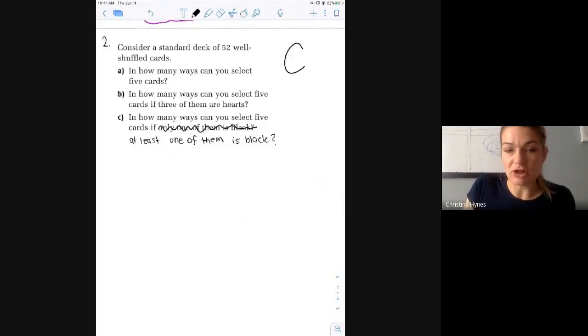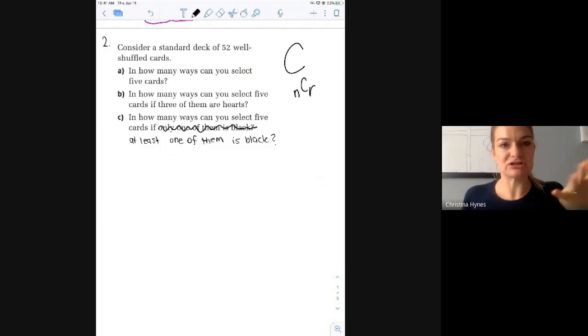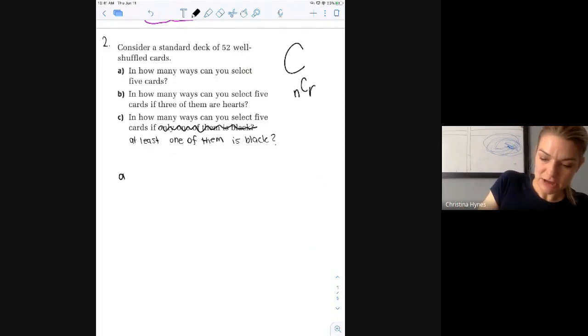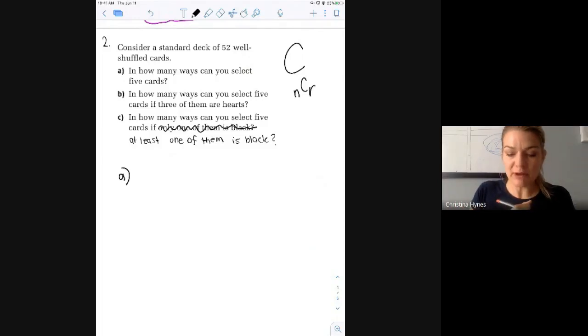So we use something called combination. We use NCR to represent that. Order does not matter when it comes to selecting 5 cards from a deck of cards, right? As long as you have those 5 cards, you don't have to have the king first and then the jack second. It doesn't matter there. For the first question, it says, how many ways can you select 5 cards?